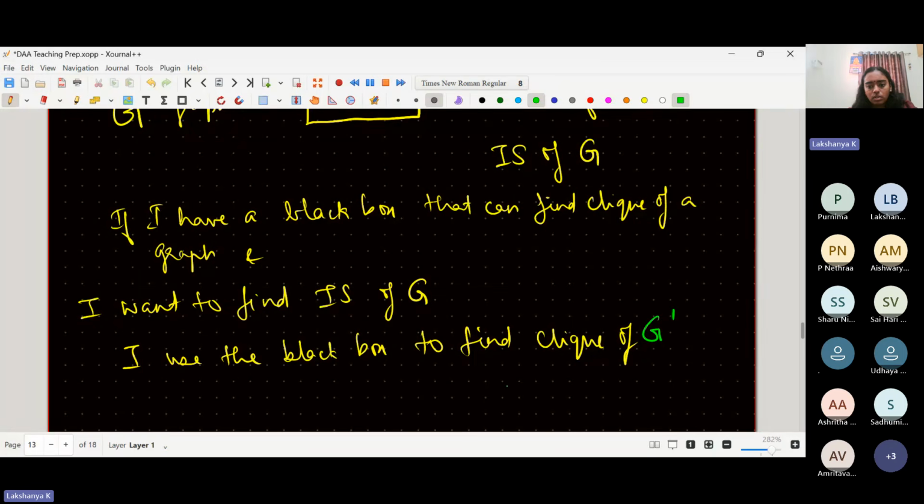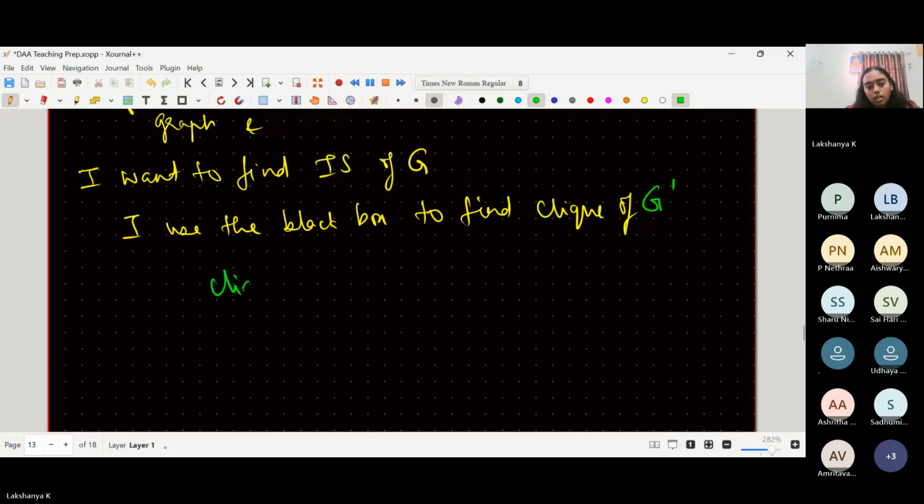Now, the clique of G dash is equal to the independent set of G.